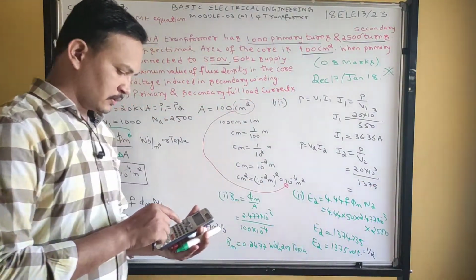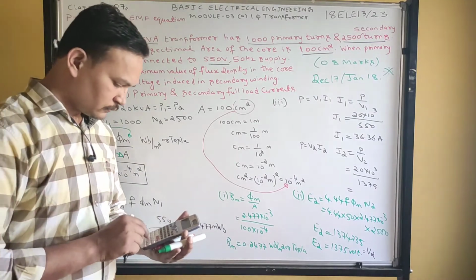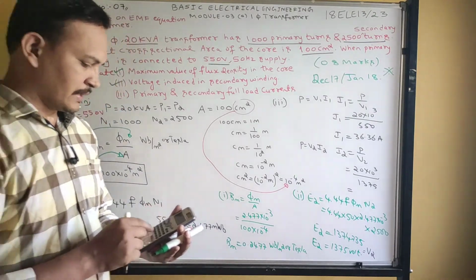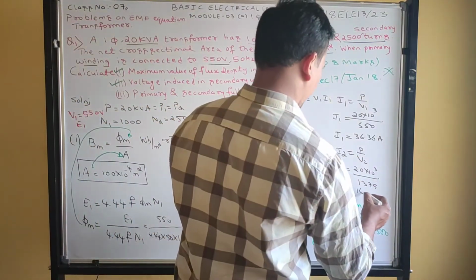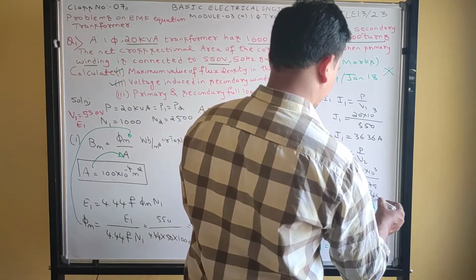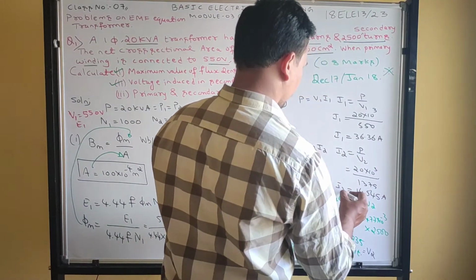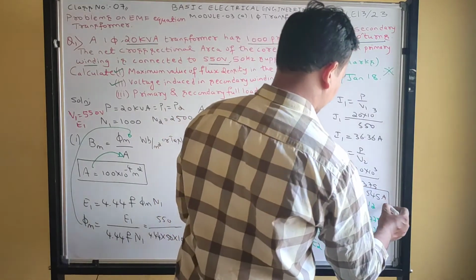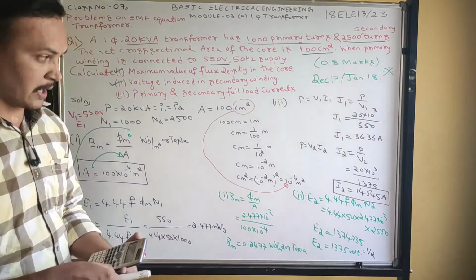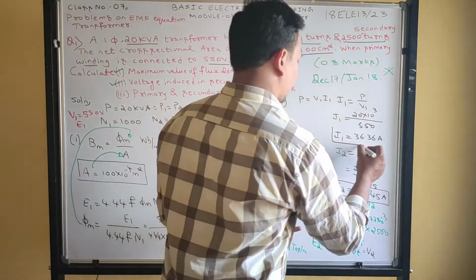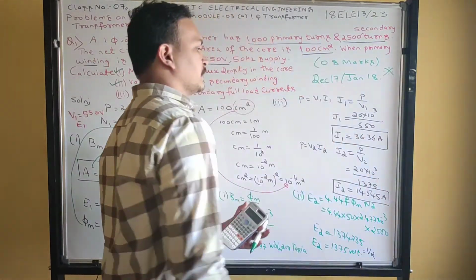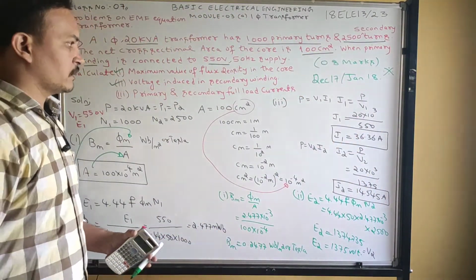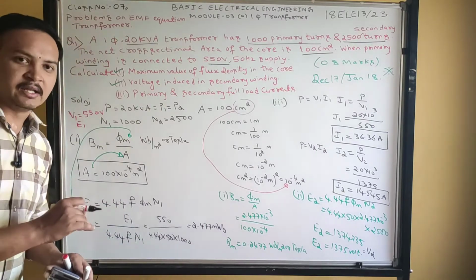So the answer will be 14.545 amperes. So the full load secondary current is 14.54 amperes and the primary full load current is 36.36. So we have completed this problem in detail.